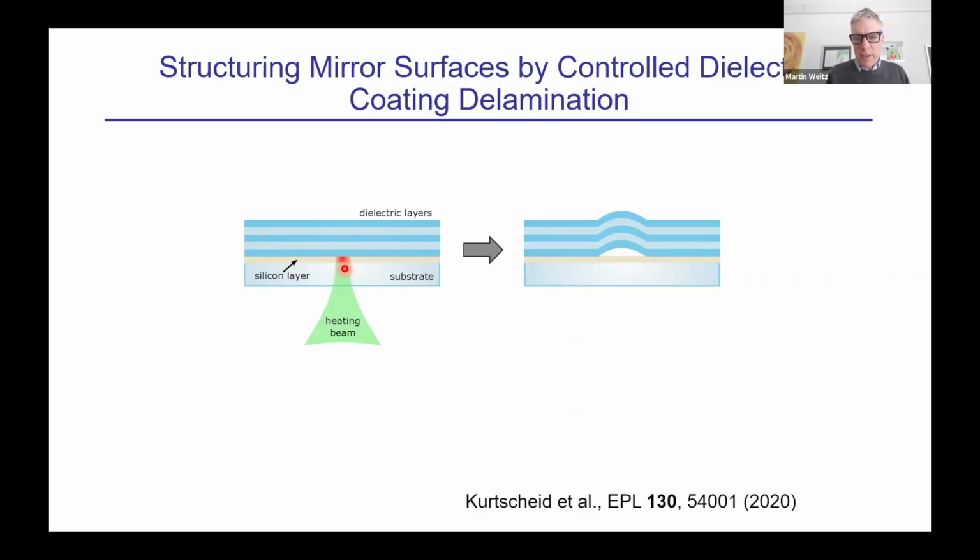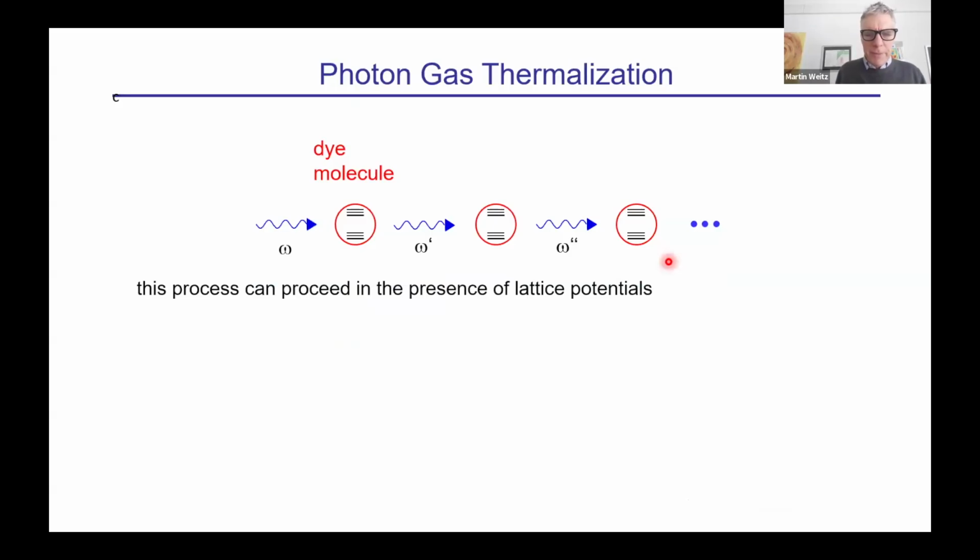And what we see is that for a high intensity, the dielectric mirrors detach a little bit. So we can delaminate them at the corresponding position. The interesting thing is that the reflectivity, nevertheless, is essentially unchanged. And by positioning the heating laser beam at different positions, we can create variable potentials for the light field in microcavities.